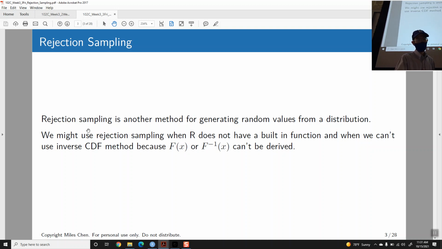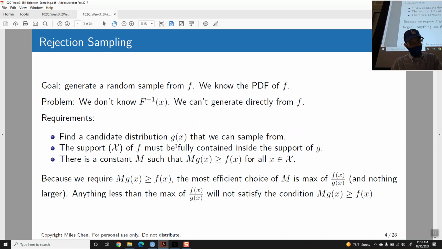But there are some instances where you can't use inverse CDF because perhaps the CDF you can't figure out, or the inverse CDF you can't figure out. There's a couple of processes for inverse CDF: you have to figure out the CDF first, and then you have to figure out the inverse CDF. So perhaps you're in a situation where that's either not possible or just hard and you don't want to do it. If that's the case, then we can do rejection sampling. And even if that's not the case, you can still do rejection sampling.